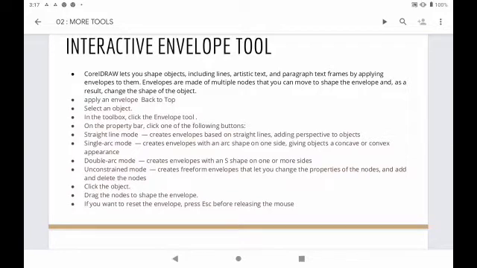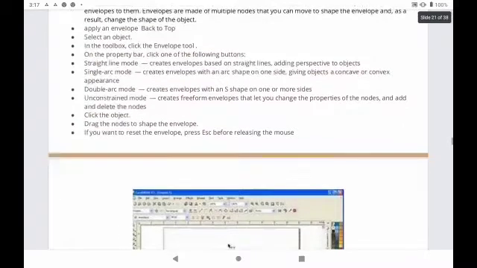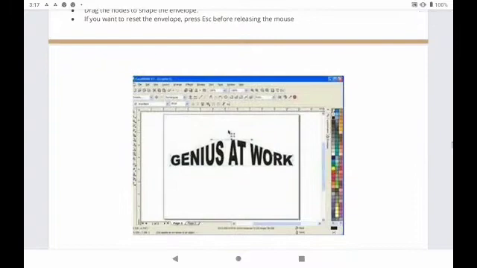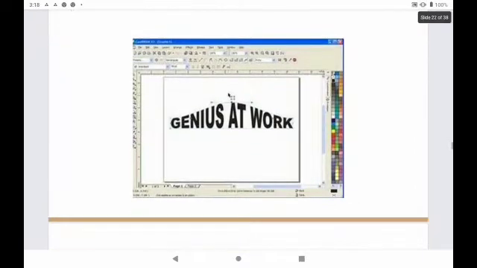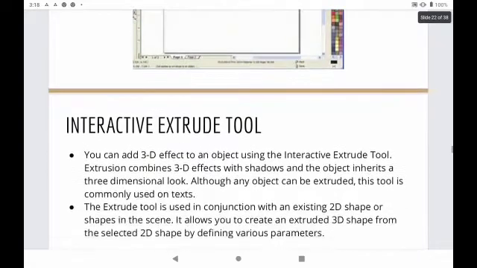Unconstrained mode creates free-form envelopes that let you change the properties of the nodes and add and delete nodes. Then simply click the object, drag the nodes to shape the envelope. If you want to reset the envelope, press escape before releasing the mouse. This is an example for envelope.